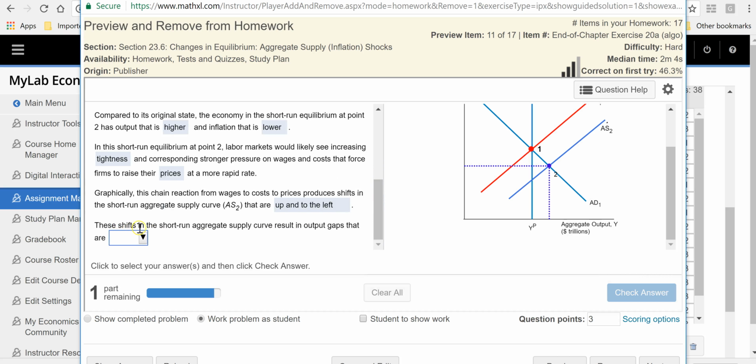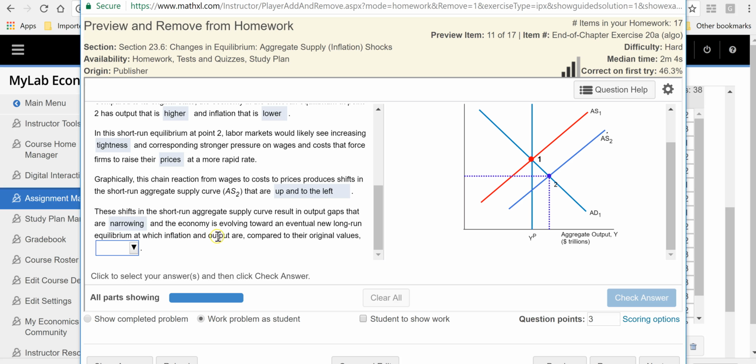And this shift in the short-run aggregate supply curve results in output gaps that are, so if you shift the supply curve up, the new output will gradually move toward the original one. So the gap will be narrowing. And so the final part, the economy is evolving toward an eventual new long-run equilibrium.